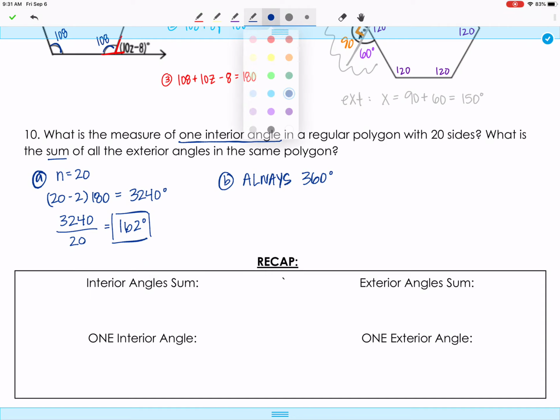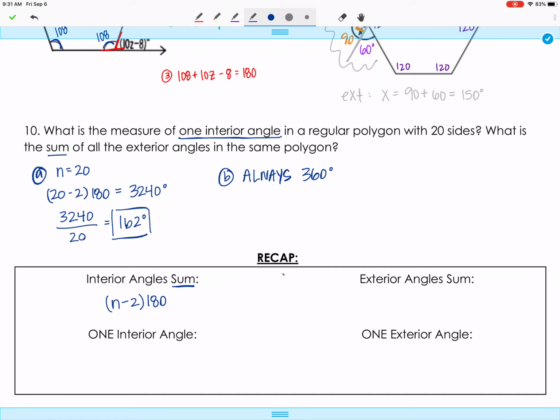All right, so just quick recapping, for an interior angle sum, we take the number of sides minus 2, and we multiply that by 180. If we only want one angle on the inside, we take that total and divide it by n. But remember, we can only do that if we know for sure that the shape is regular.